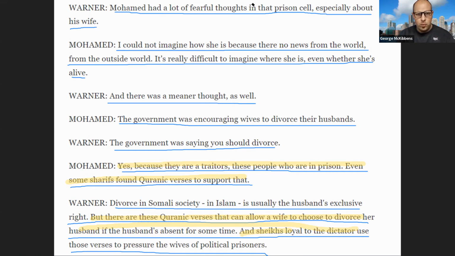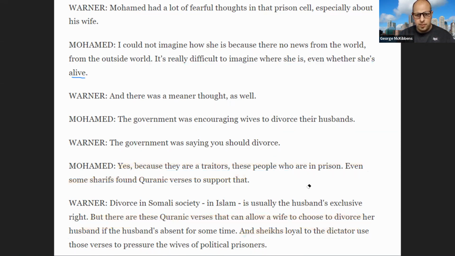Now, while Muhammad's mind is drifting into these dark thoughts, he's actually feeling a lot of anger, and he starts imagining things about Ishmahan, and he starts to be angry. Why isn't she here?